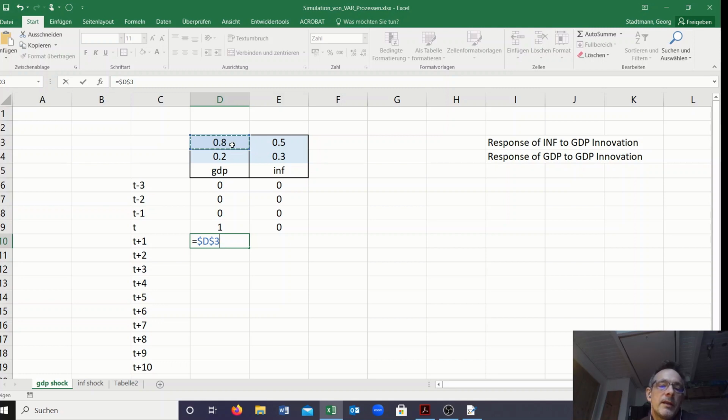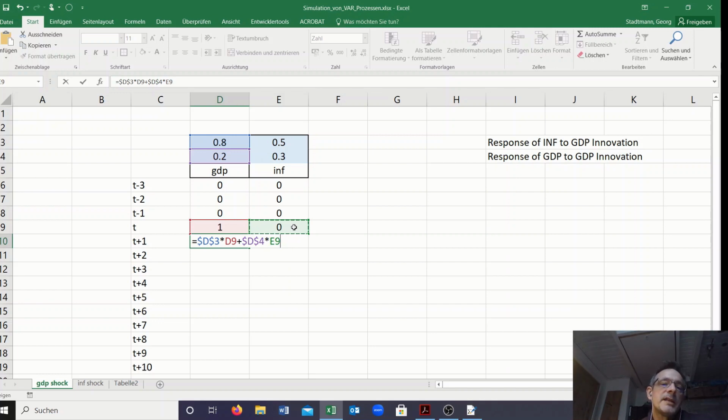We are freezing this cell by pressing the F4 button, so we are putting a $ sign in front of D, a $ sign in front of 3, and we are multiplying by the GDP of the previous period. Then we are adding the next parameter. We are also freezing it, putting a $ sign in front of D, $ sign in front of 4 by pressing the F4 button, and we are relating it to the inflation rate of the previous period.